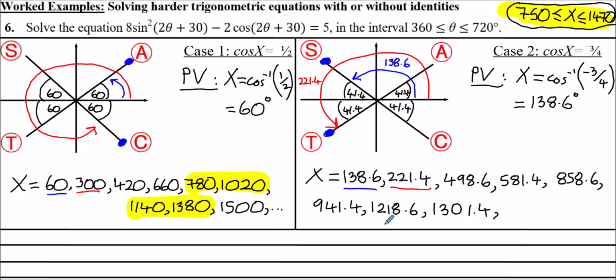Now, if we added 360 onto this one here, we get 1578.6, which is too large, and so we can stop. So all the ones in this required range, from 750 to 1470, are these ones I'm just going to highlight here.